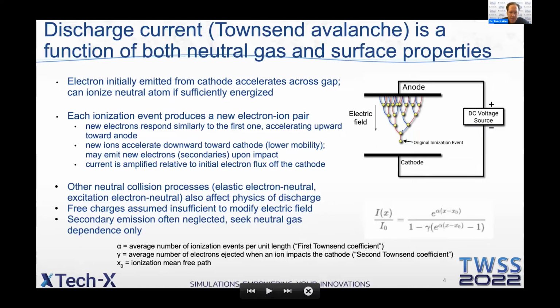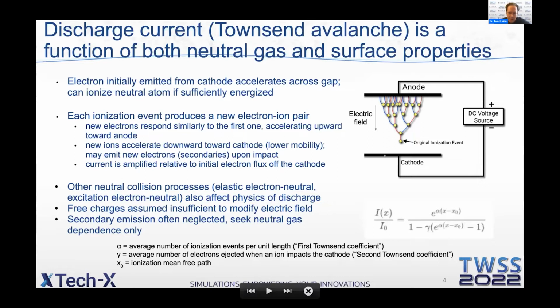Every ionization event produces a new electron-ion pair, and the electrons do just what the old one was doing. They keep running up the field to the anode. And the ions accelerate downward toward the cathode, although much less responsively because they're heavier and thus less mobile.